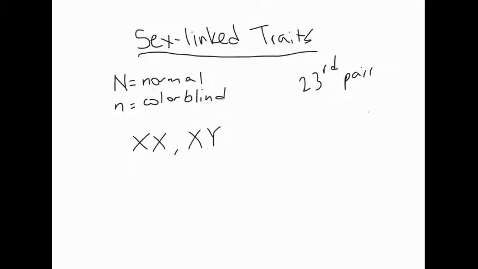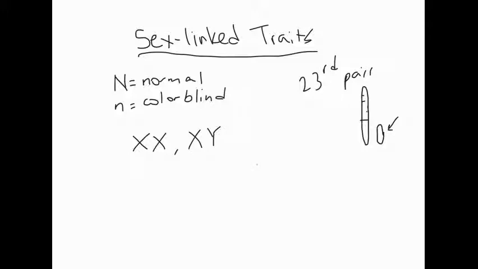The X chromosome is much larger than the little Y chromosome. So these genes are almost always found on the X chromosome, but not found on the Y. That's why these traits are much more common in males than in females.